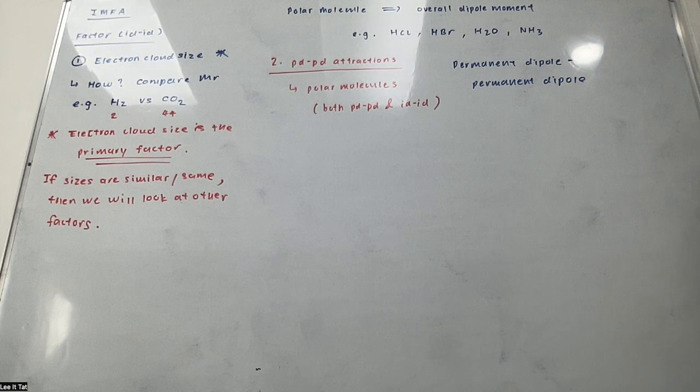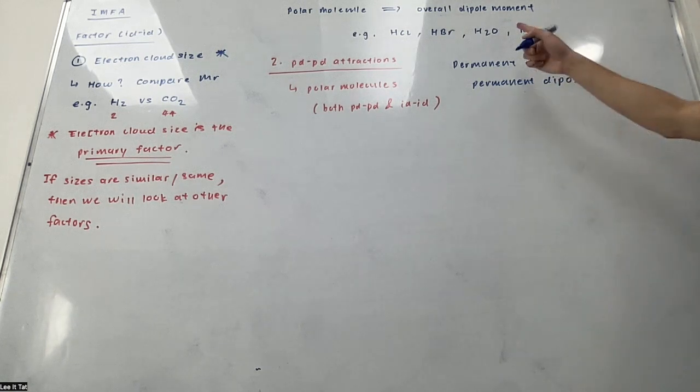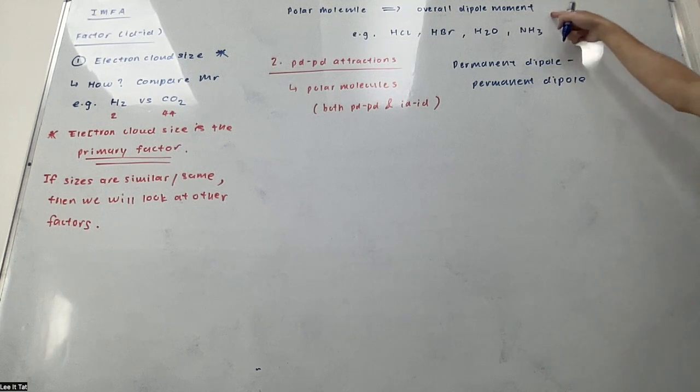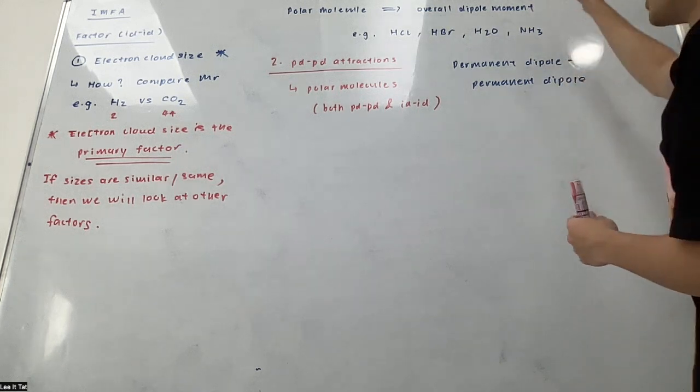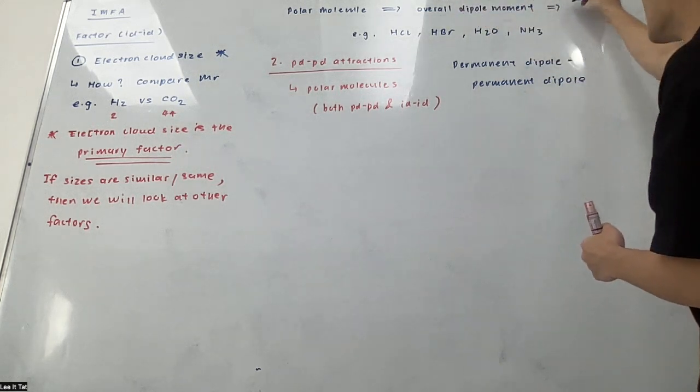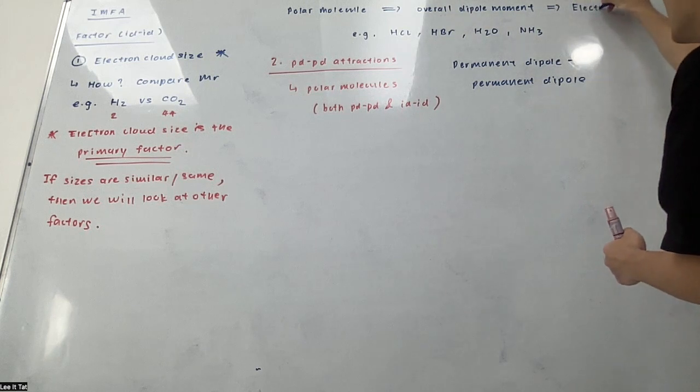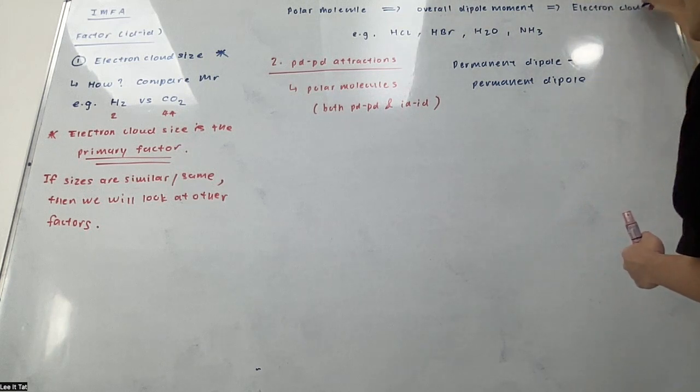You want to make a guess why it's permanent? Now, polar molecules have a dipole moment already, right? So that's permanent, already there. Can you all see that? For a polar molecule, the electron cloud, is it evenly distributed or not evenly distributed?